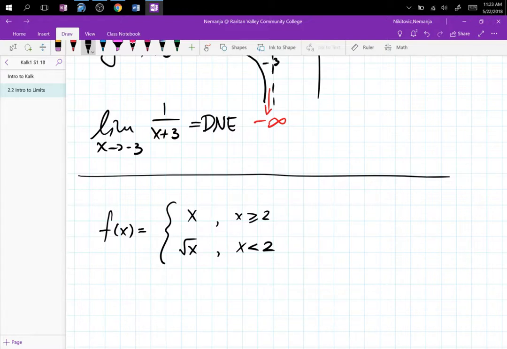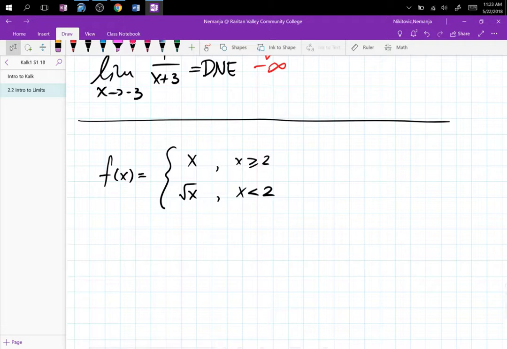Okay, let's graph this. We would like to check the limit as x approaches 2 of f of x. See, I can't even put one of the functions in here because it's going to approach two different functions at the same location.